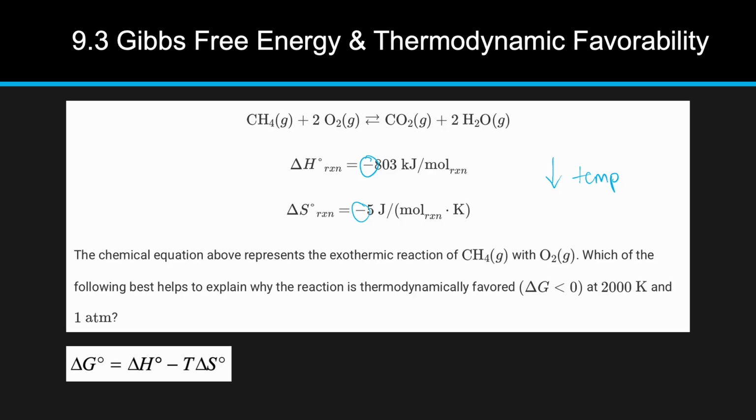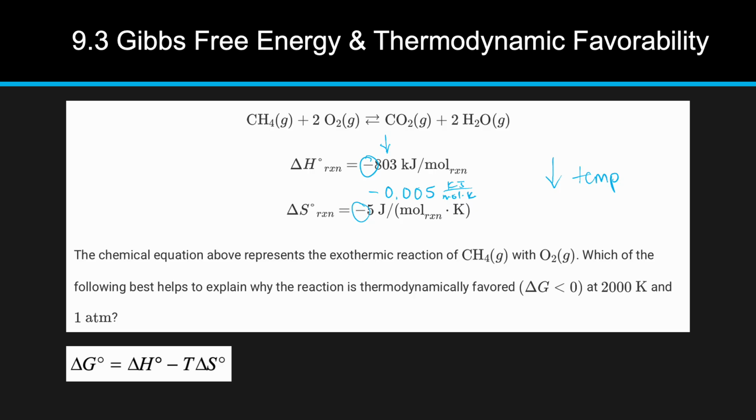And look at our delta S. It's really small comparatively to that delta H value, meaning if I were to convert that to kilojoules per mole times Kelvin, that's going to be negative 0.005 kilojoules per mole times Kelvin, which means if my temperature is actually going to do anything to this delta H value, it has to be enormous.